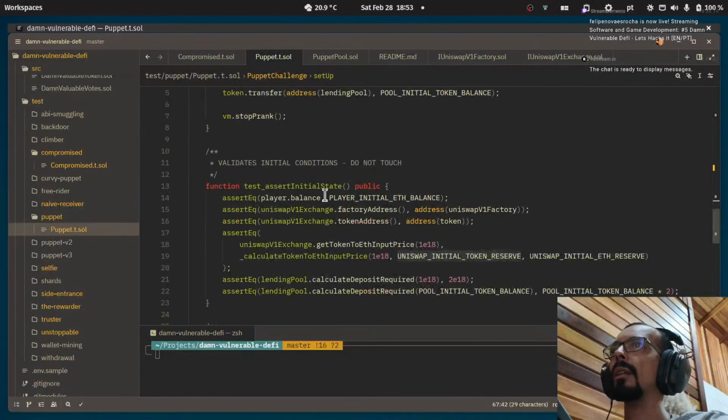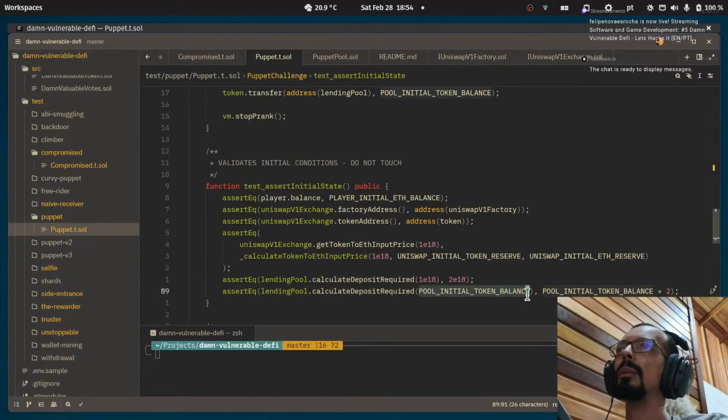And they do the checks here. The checks check the token to Ethereum input price for 1, and that should be equal based on the formula. And if they call the deposit requiring asking for 1, it should be asking double. And here also for the balance, double.